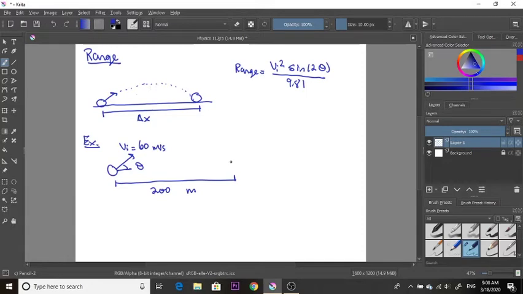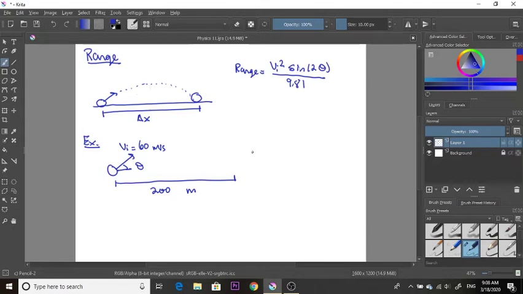So for all of you in Megan's physics class, this is question 53A in your homework package. So we want to figure out what the measure of this angle is.